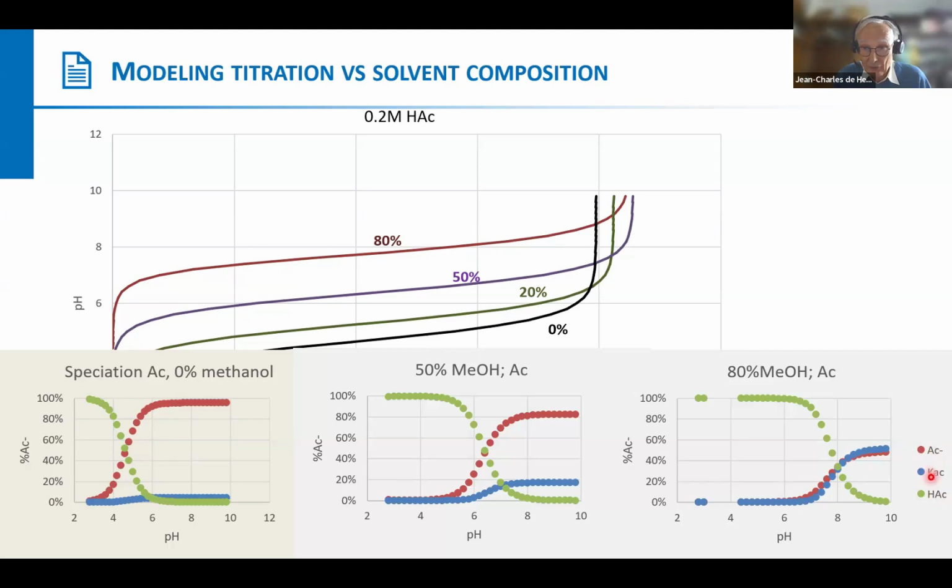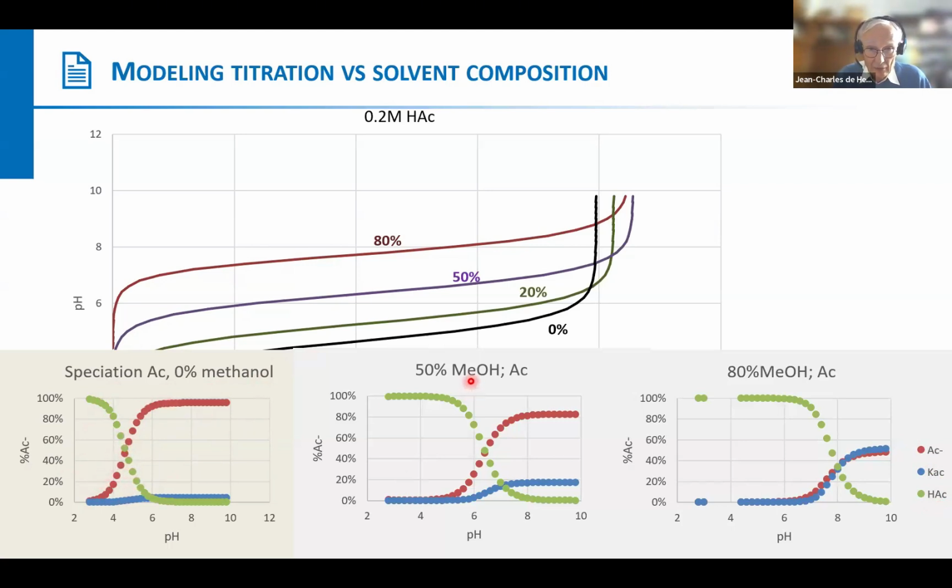How is the acetate going to distribute in the different types? Acetate ion, potassium acetate, or acetic acid. Well, you see that in 0% methanol, as you expect at the equivalence point, approximately 4.7, the acetic acid disappears and the acetate ion appears.